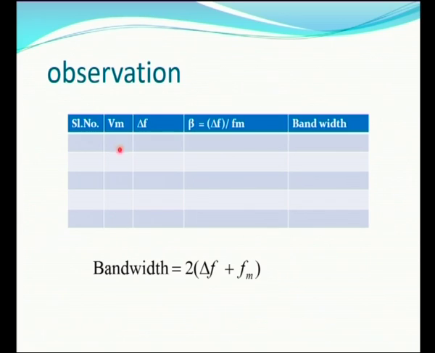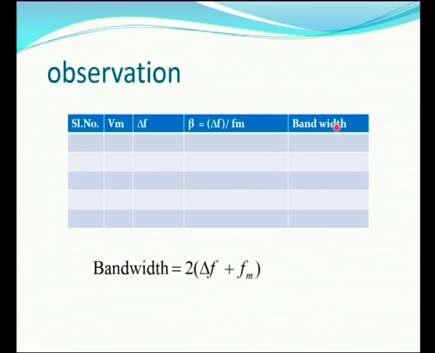For each Vm, the frequency deviation produced should be noted down. From the frequency deviation produced, we compute the beta, the modulation index, which is nothing but del f divided by fm, and from the beta value we compute the bandwidth, which is 2 times (1 plus beta) times fm. Like this you can take a few readings.